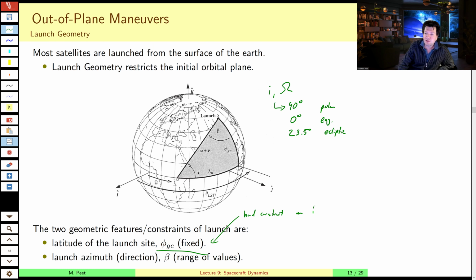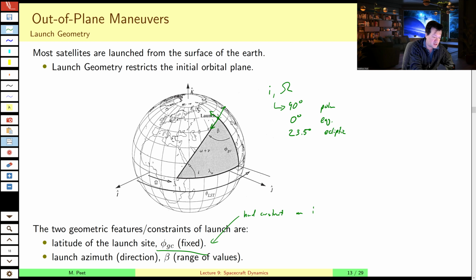The parameter given a launch site, which we have some flexibility in, however, is launch azimuth. So the direction we launch our spacecraft in. So say, for example, where are we here? It looks like we're in Alaska or something like that. I don't know where that is exactly. We may launch this direction. We may launch this direction.